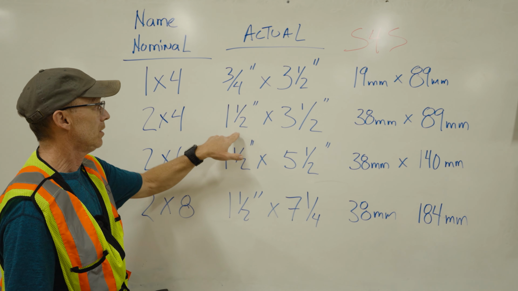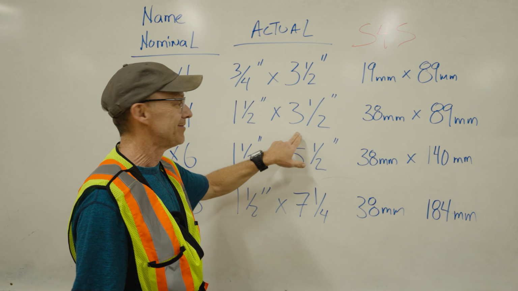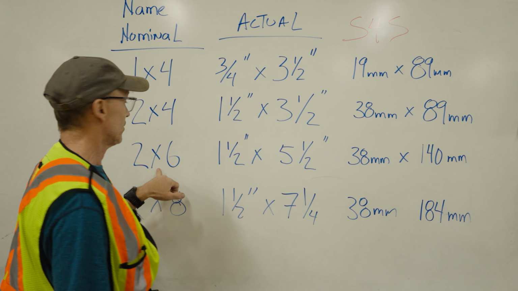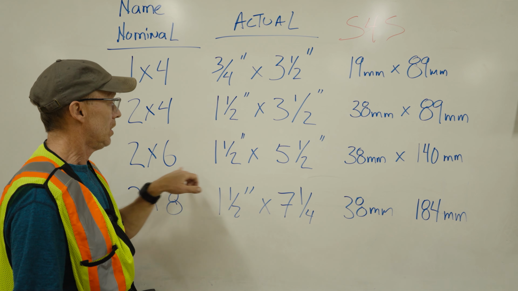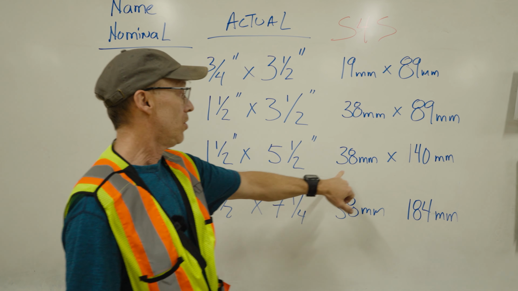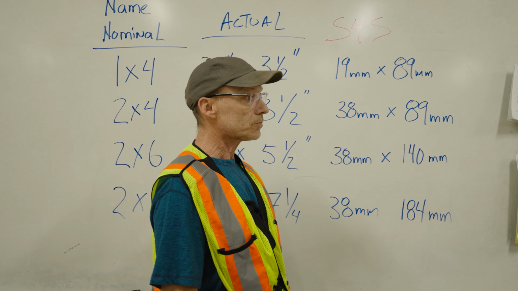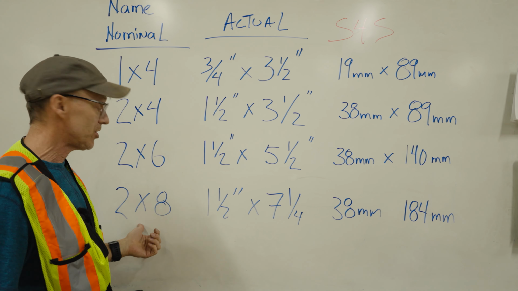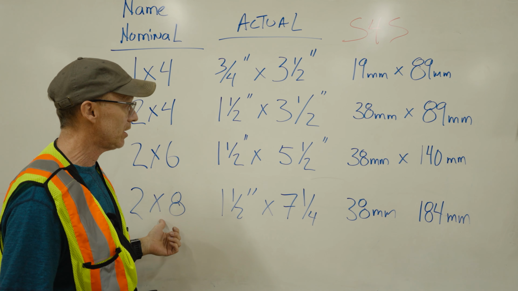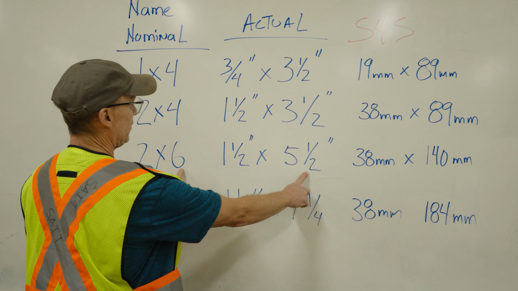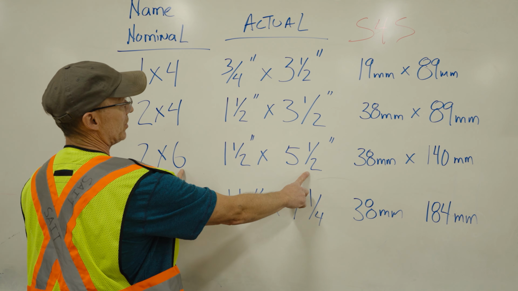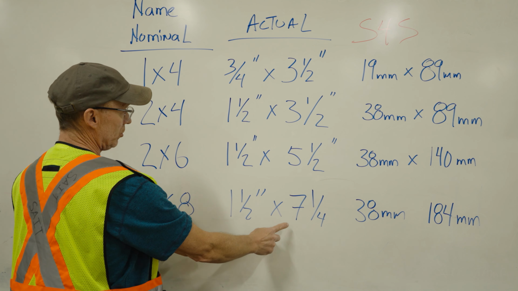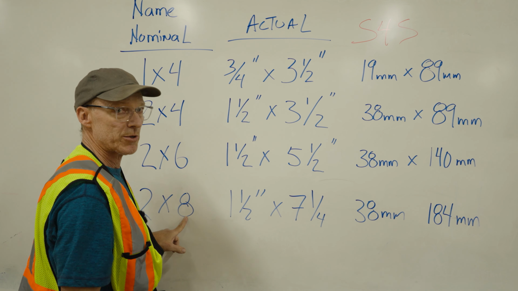2x4 is super common. It's a 1.5 by 3.5, okay? Or 38 by 89. 2x6, super common in construction, 1.5 by 5.5, or 38 by 140. As we get into some of the larger nominal dimension sizes, 2x8, 2x10, you'll notice that the half-inch difference, 6 to 5.5, 4 to 3.5, and again, you'll notice something a little bit odd happens here.